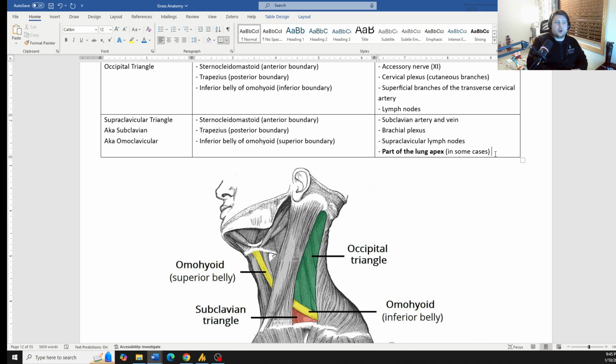We get ptosis, PTOSIS, which is that drooping of the eyelid. We get miosis, which is the pinpoint pupil. I'm going to double check, make sure that I say that. I always get those eye ones mixed up.